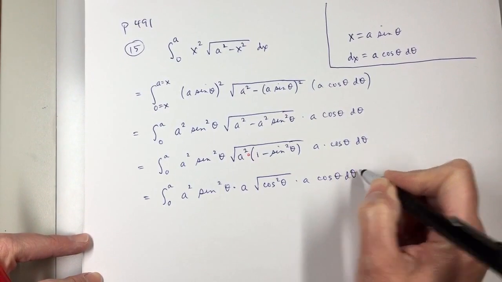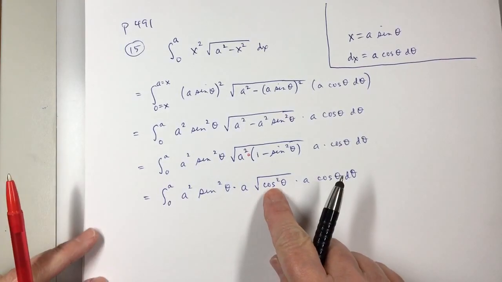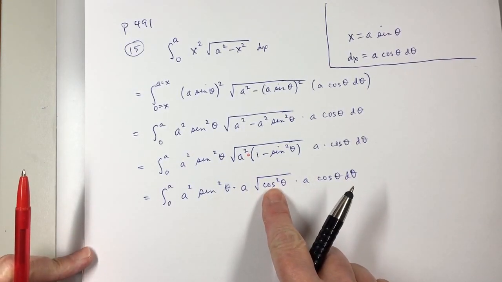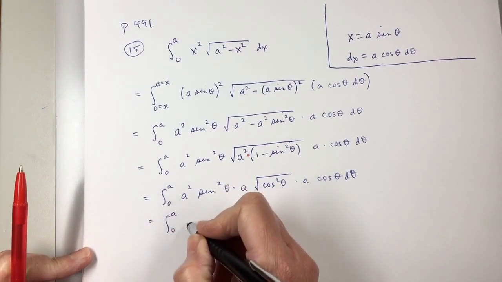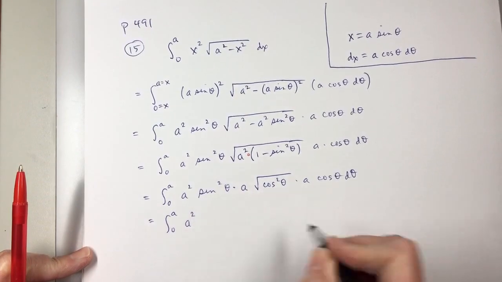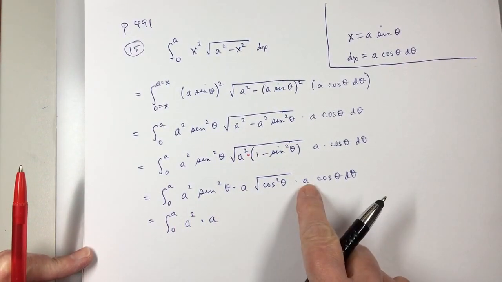And I'll just write the rest of what I had on that problem. Now, we'll have square root of cosine squared theta is cosine theta. So I have 0 to a squared. Let's collect all these a's at the front. A squared times a.